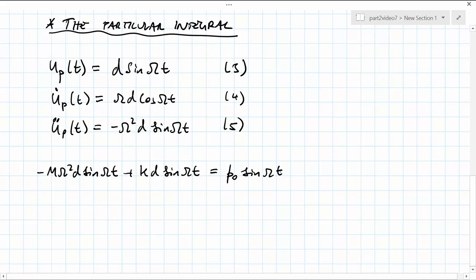As we've got sines on both sides of this equation, these all divide through. So we end up with minus m over k times capital omega squared times D plus D equal to P0 over k.